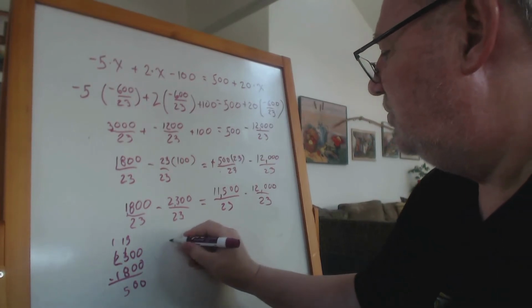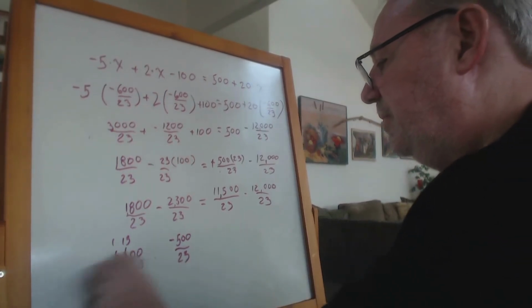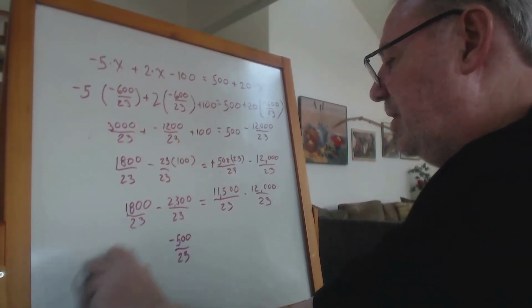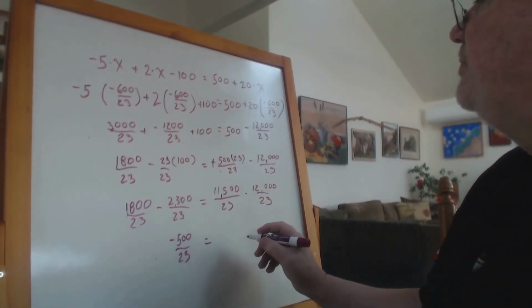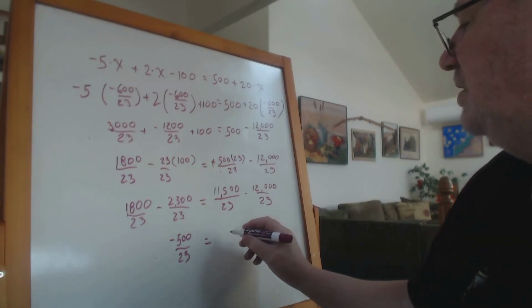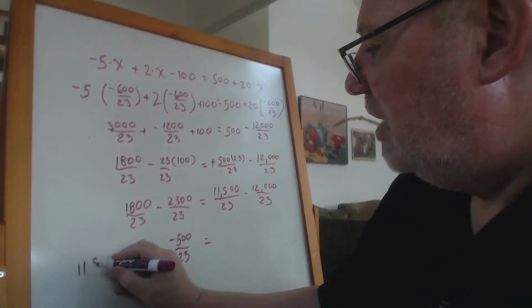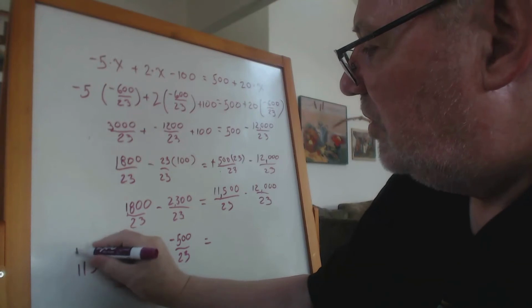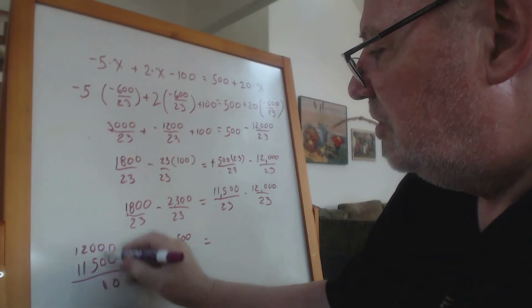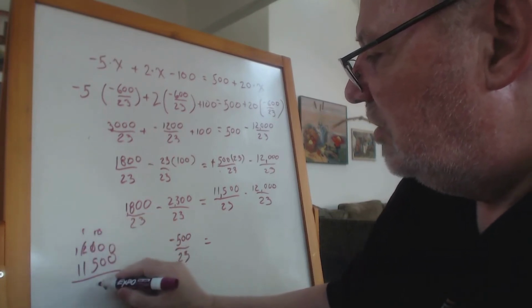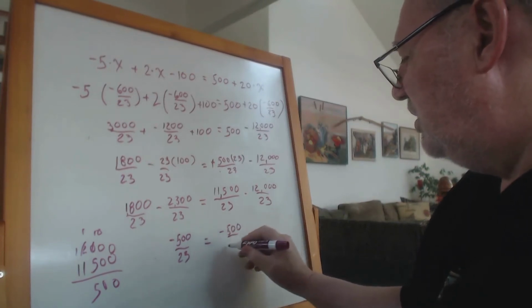So it's minus 523 is equal to 11,500 minus 12,000, is minus 500, minus 23, equal to minus 523.